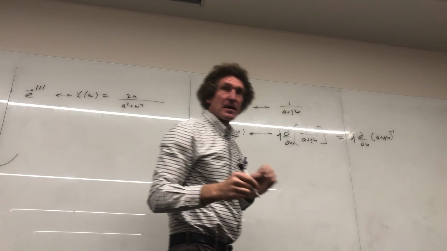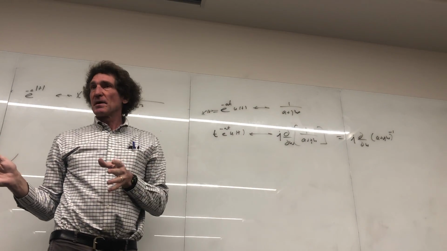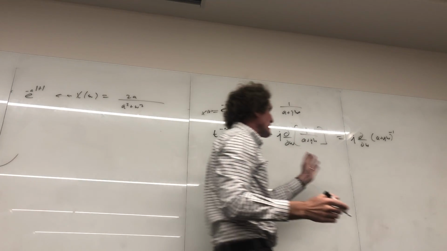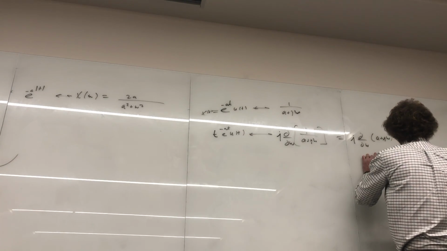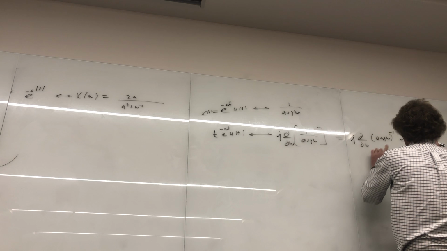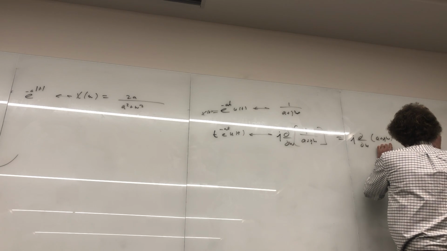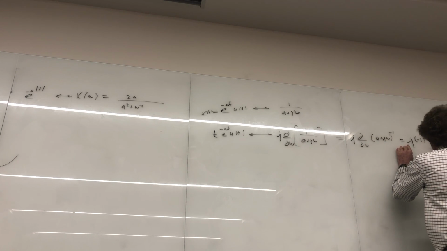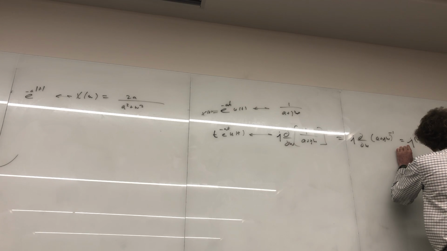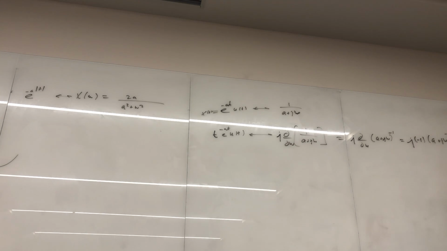Just so you all see what I'm doing here. Now, if I take a derivative with respect to omega of this, here I get j, right? Then I get the minus 1 out in front. Then this becomes (a plus j omega) to the minus 2, correct? And then I have to take a derivative inside there with respect to omega, correct?